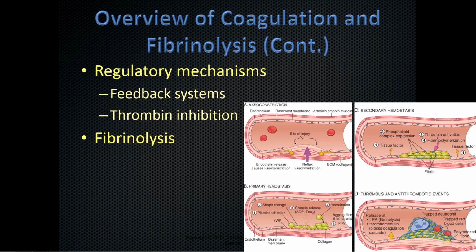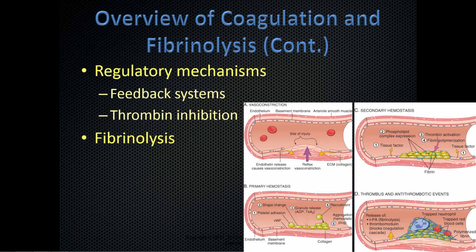Another means of regulating clot formation is through inhibition of the enzymes necessary for the activation of the coagulation factors, and this prevents the conversion of prothrombin to thrombin. The most important of these regulators is antithrombin 3. However, protein C and protein S also play a role in thrombin inhibition.